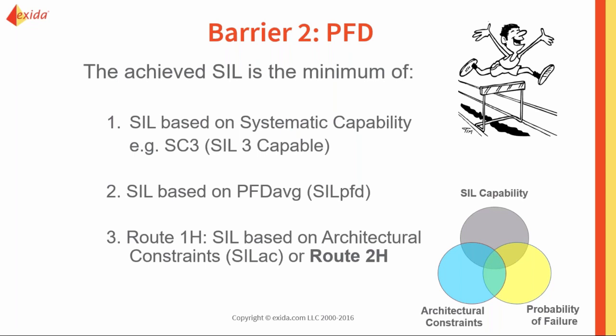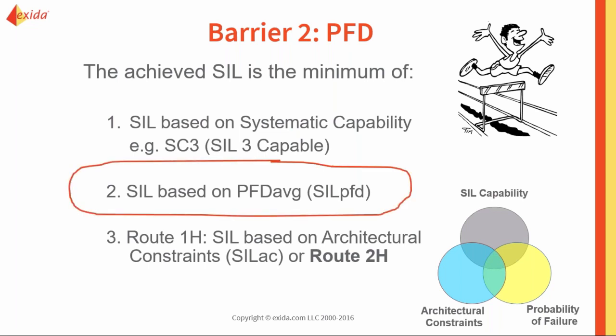However, we can now move on to SIL based on PFD, or probability of failure. If you're in low demand mode, this is the PFD average, or the average probability of failure on demand. If you're in high demand mode, this is considered PFH, but it's still the second barrier, or second hurdle.